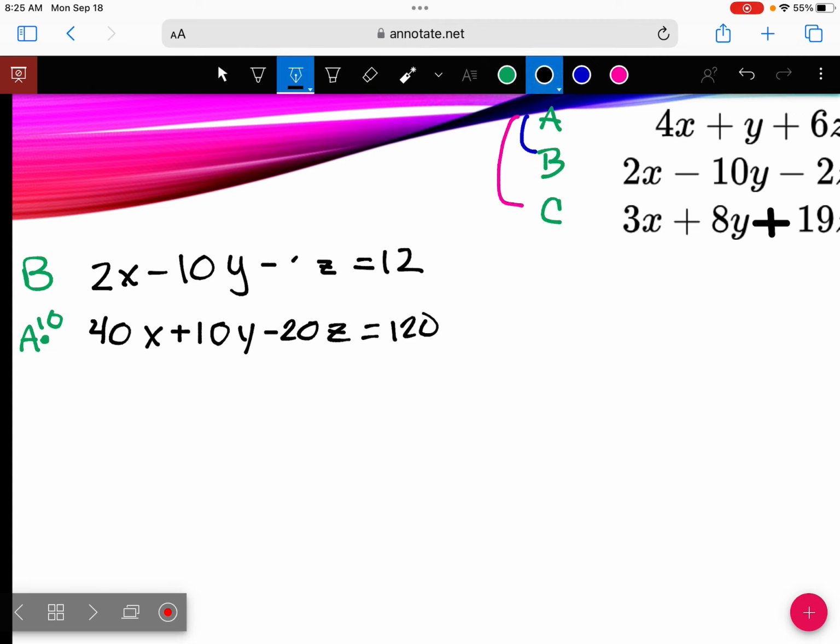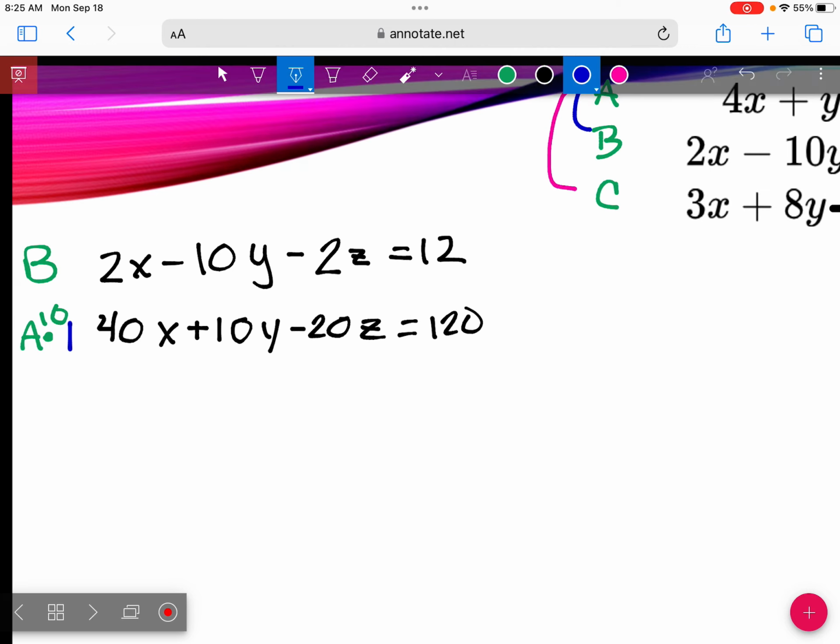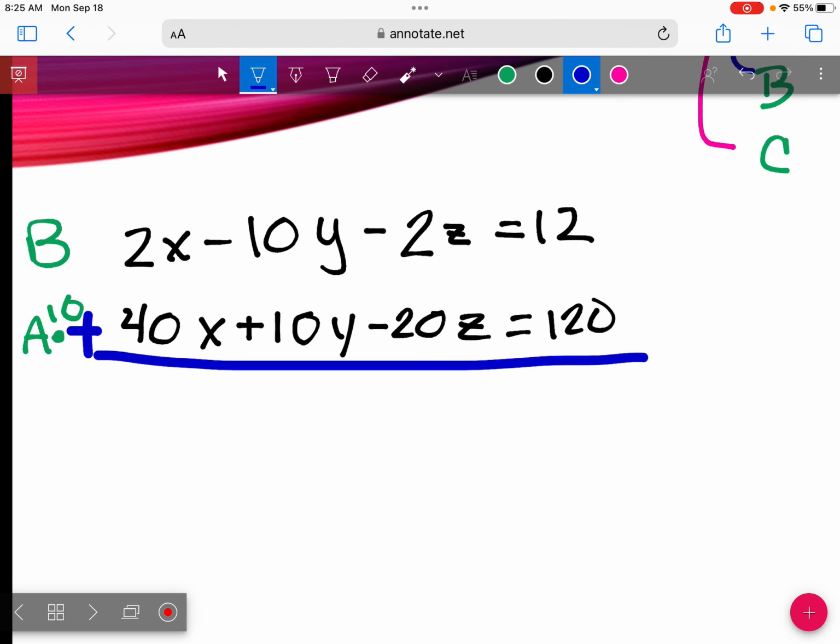Sorry, fixing this. That's a 2. It looked like a z and I got confused. The reason we do that is so I can come through here and just like we did last week, add these together in our columns. And that'll force the y's to cancel out.